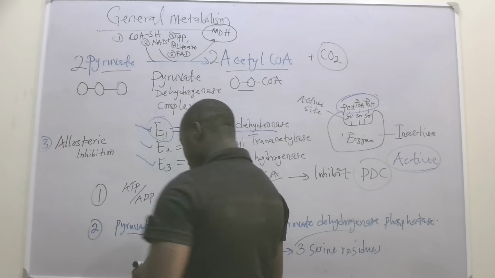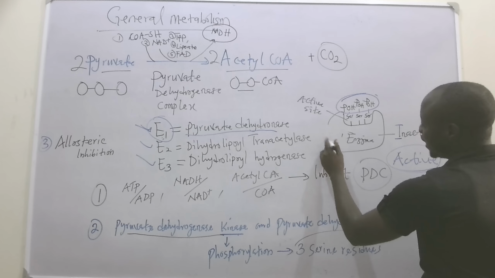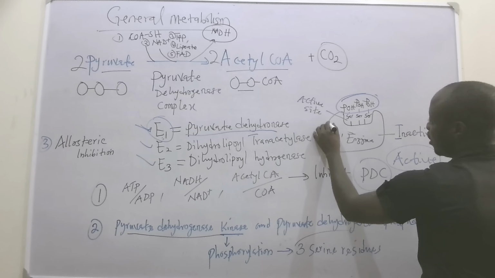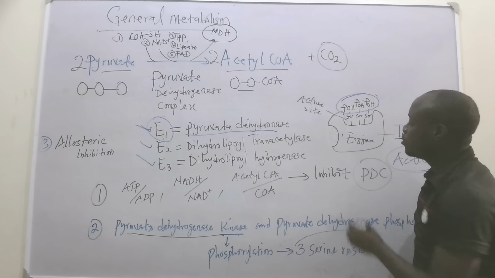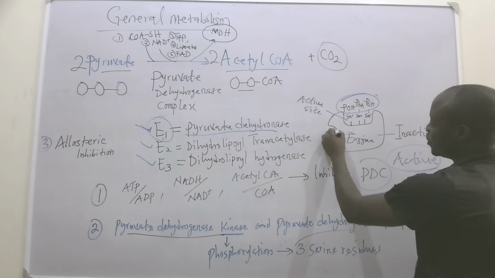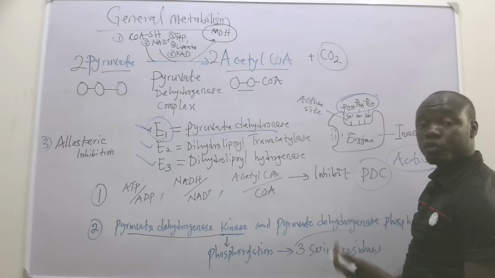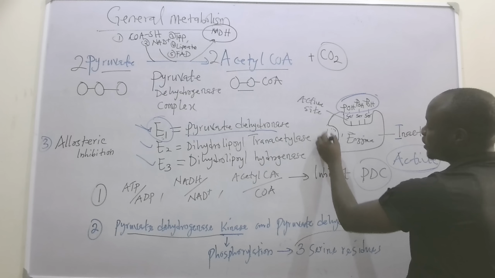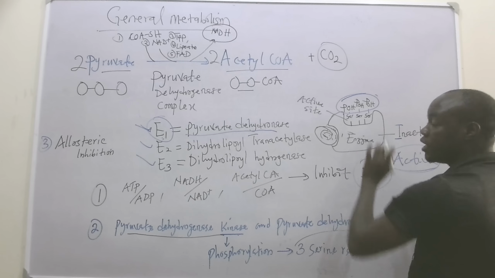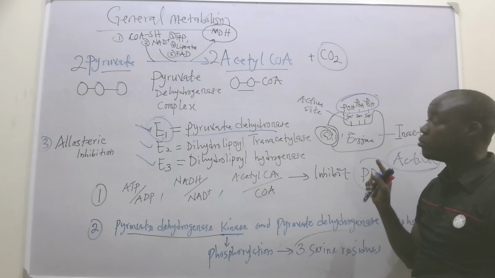Generally, enzymes, apart from their active sites, have what we call allosteric sites. An allosteric site is another site apart from the enzyme's active site. A molecule can bind to this allosteric site, and once it binds, in most cases it affects the active site of the enzyme.